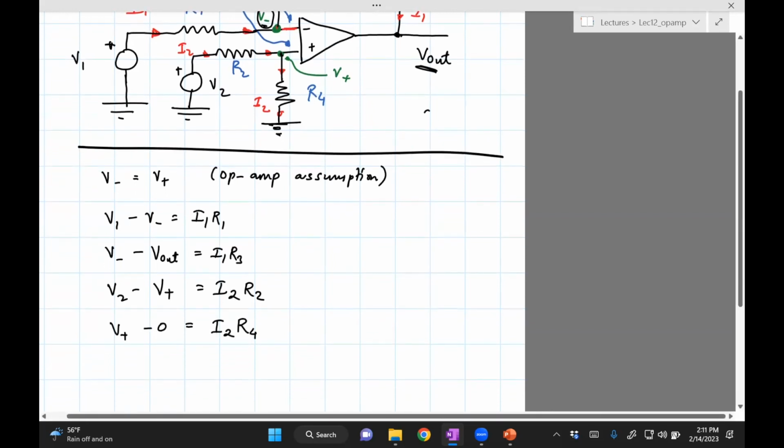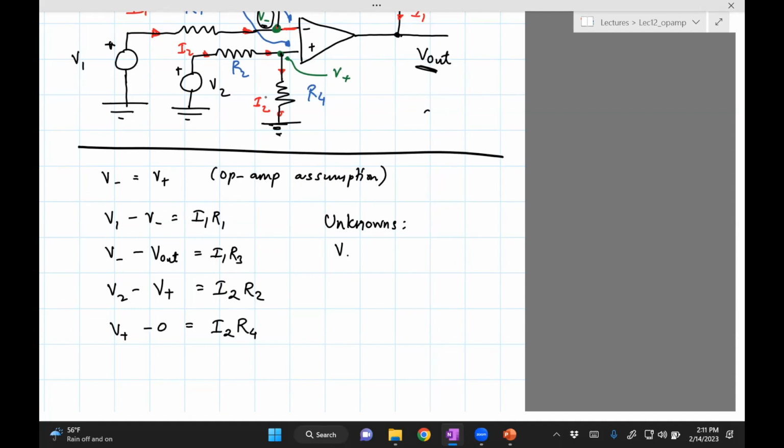Okay, so let's count the unknowns. They are V minus, V positive, I1, I2, and then Vout is an unknown because we are trying to compute Vout as a function of V1, V2, and so on.